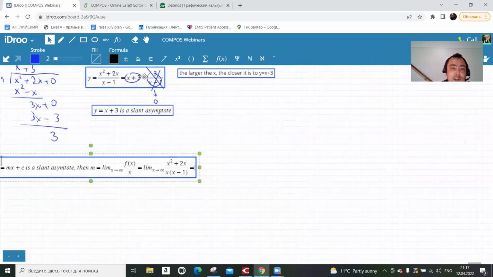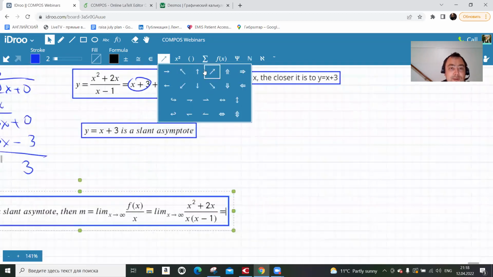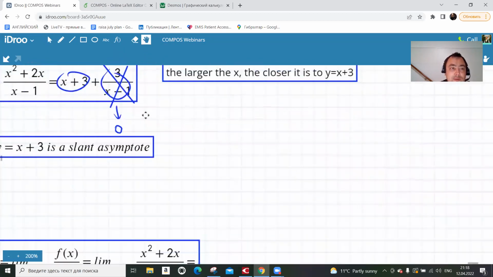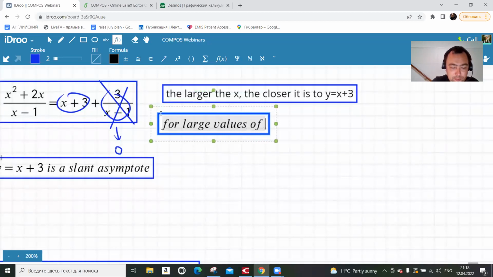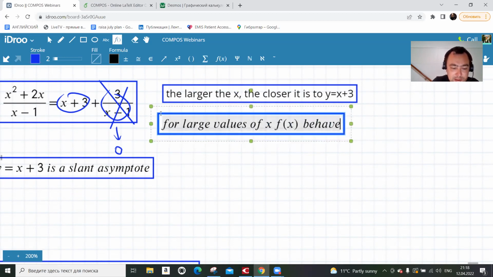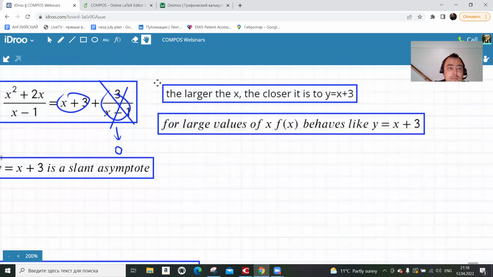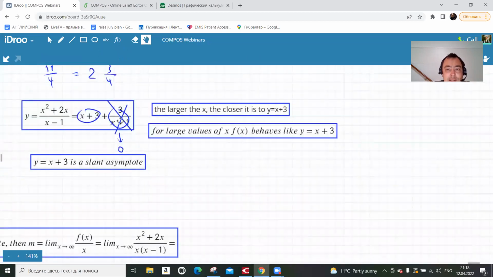We can say that for large values of x, f of x behaves like y equals x plus 3, because the bigger the x, the smaller the difference between the function and the asymptote.